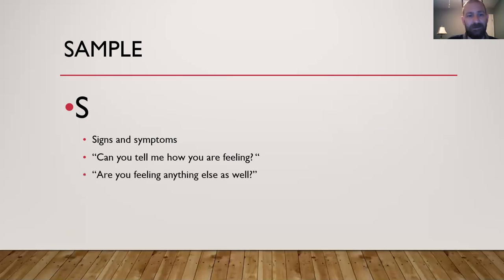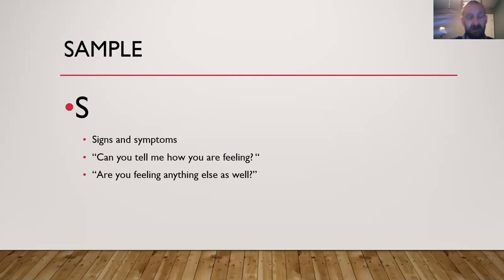Next is A, but before we get there, let me remind you of this. Oftentimes when we get there, people will be nervous, they'll be anxious, things like that, and so maybe they're not thinking quite as clearly. So let's follow up the question, can you tell me how you're feeling?